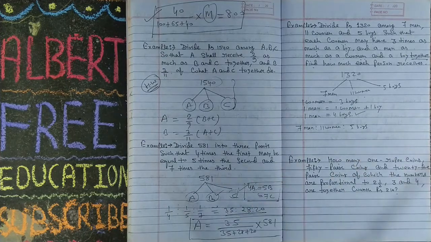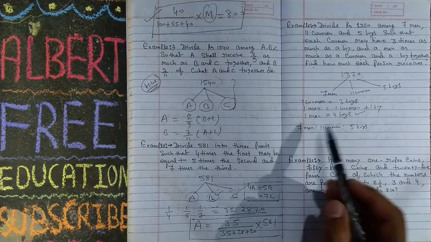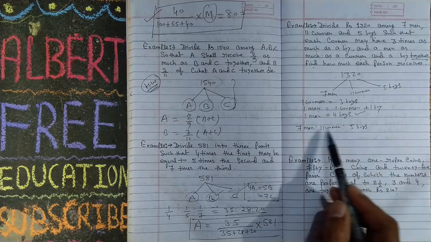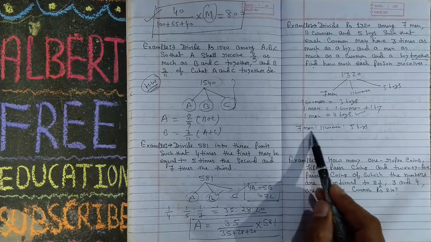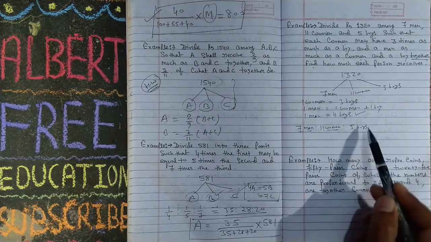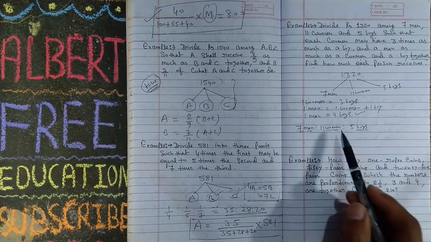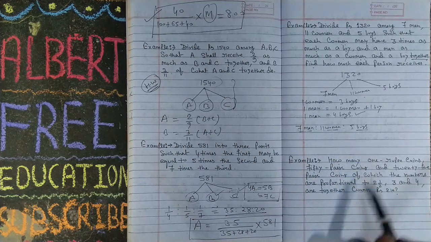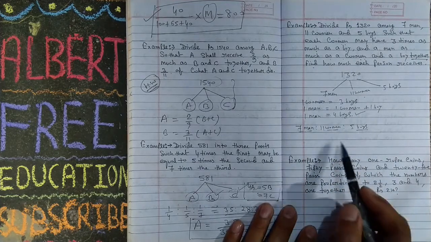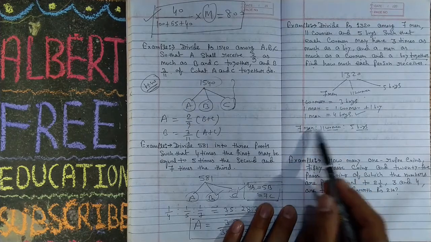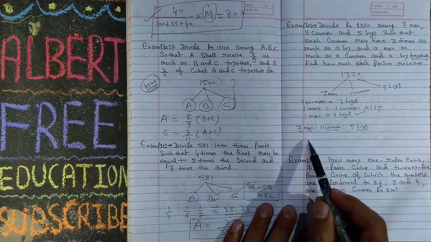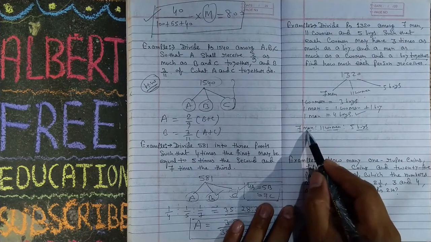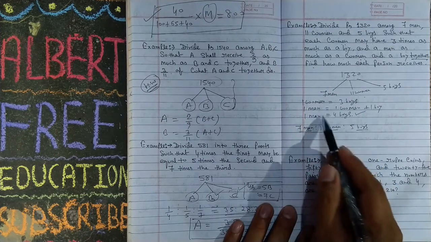In the previous lecture I told you, whenever you are writing a ratio, all the values must be in the same unit. Means if it is representing men, then it must be man and it must be man. So 1 man is equal to 4 boys.